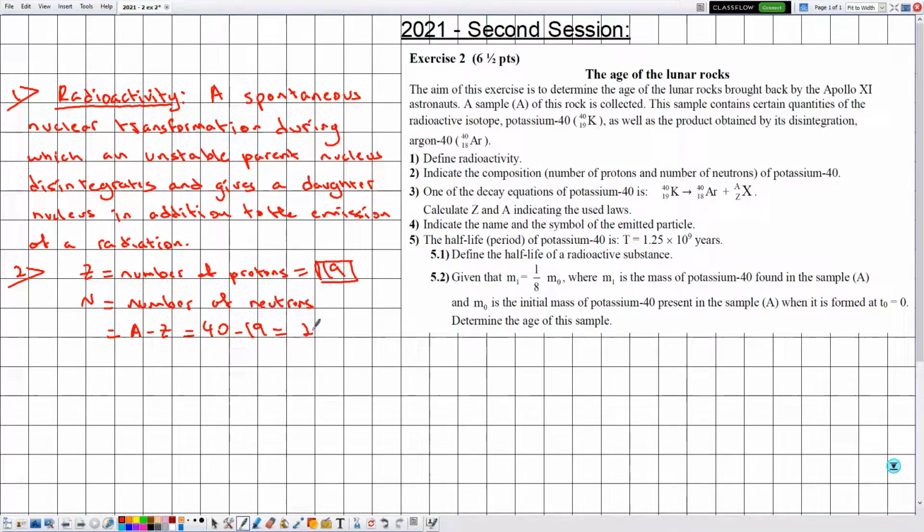Then the value of N is 21. Then this is it for number 2.